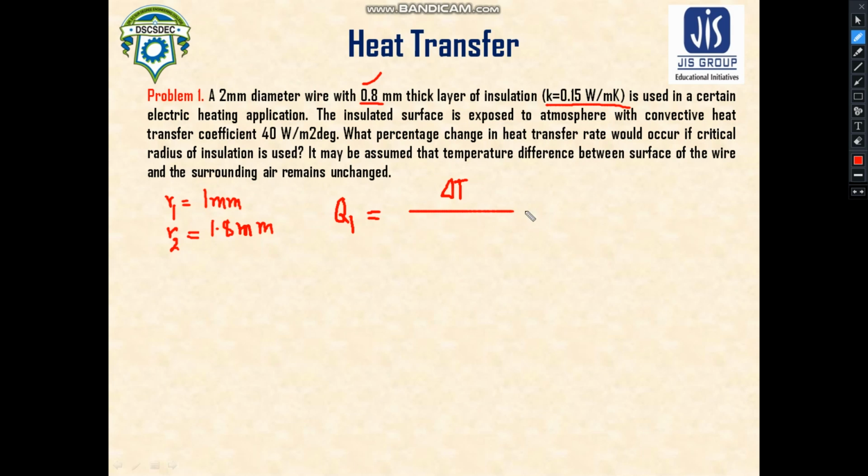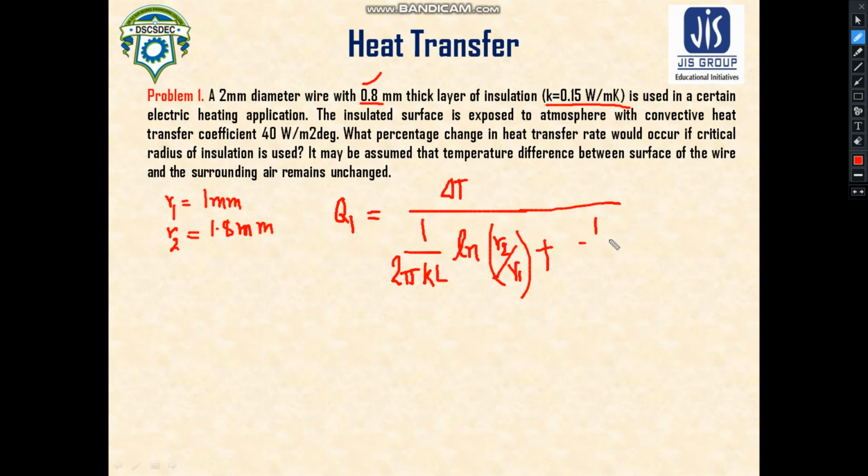Okay, so we are talking about a cylindrical surface here. So this is your formula: 2 pi k L ln of R2 divided by R1, and this is your conductive resistance.